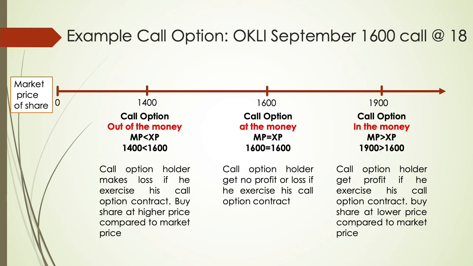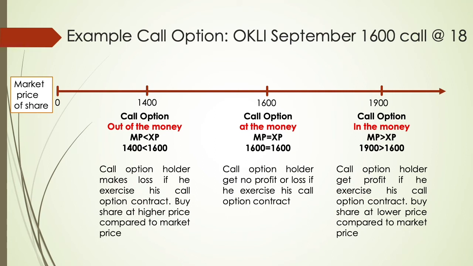That means the call option holder can buy the share at a lower price compared to the market price. So in this example, if the investor exercises his call option contract, he only needs to pay 1,600 in order to buy the share, compared to if he buys straight away from the market, he needs to pay 1,900.